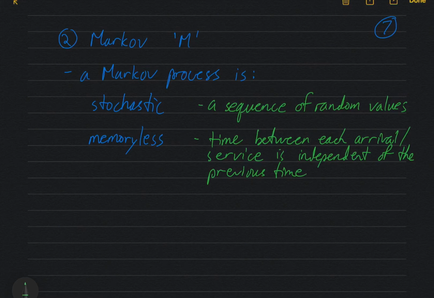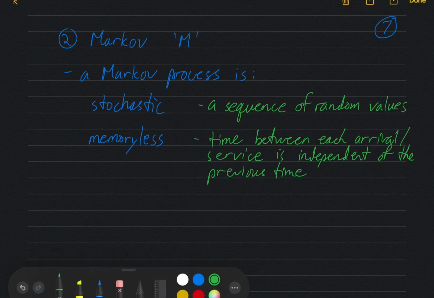So if we go back to clients waiting or queuing up at an ATM, the length of time that the next client is going to take using the ATM, so being serviced, is independent, or doesn't have anything to do with how long it took the previous one, or that's the assumption at least.